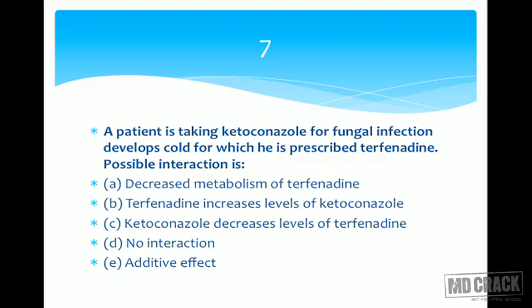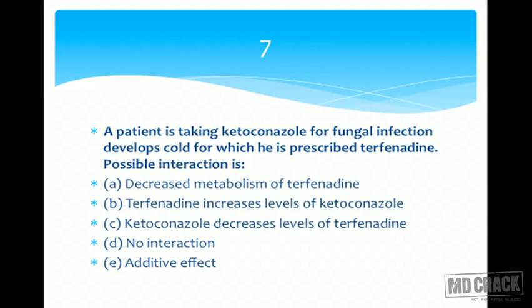It's an azole antifungal. Does ketoconazole have any other effect? Does it affect the metabolism of other drugs? Because we are being asked about a drug interaction, first think about metabolism. Do you remember? Ketoconazole is from the azole antifungal group, and it inhibits the cytochrome P450 enzyme system.